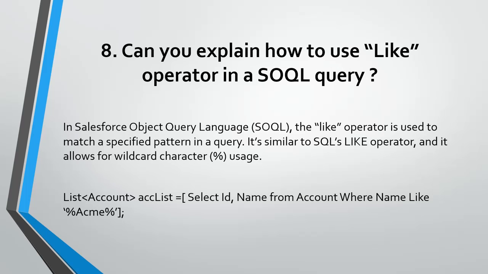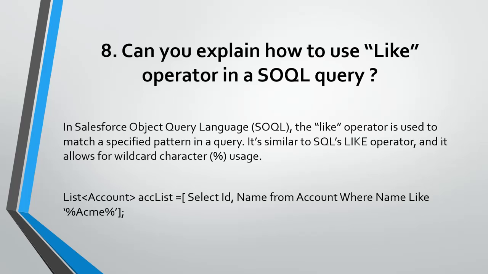8. Can you explain how to use the LIKE operator in a SOQL query? In Salesforce Object Query Language, the LIKE operator is used to match a specified pattern in a query. It is similar to SQL's LIKE operator and it allows wildcard character usage.